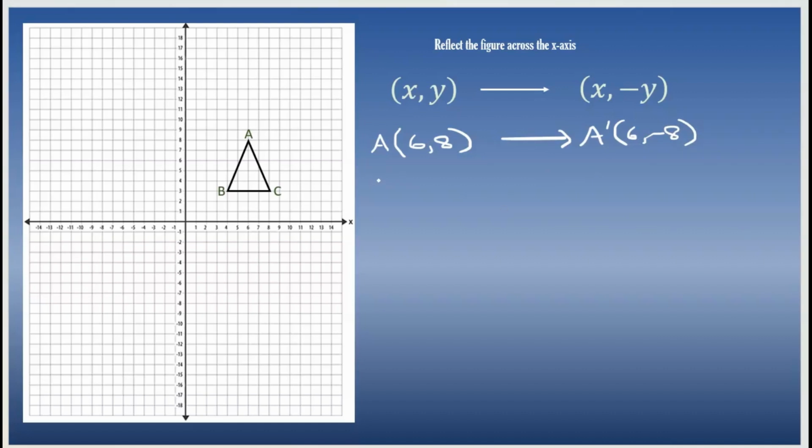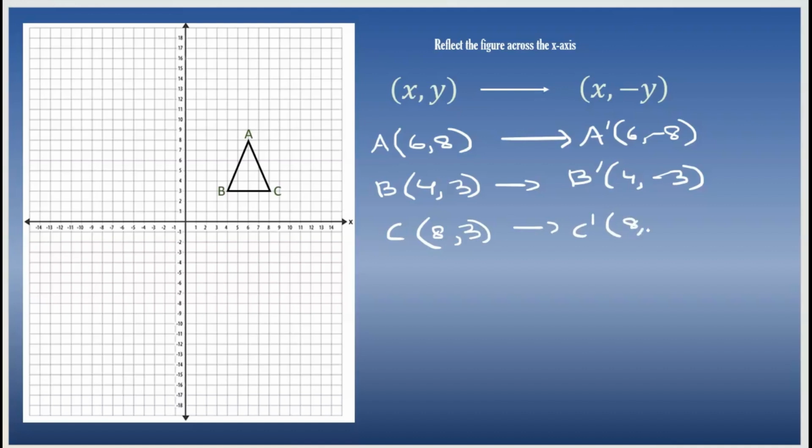Now moving on to point B. Point B is 4, 3, and then that becomes B prime 4, negative 3. And then last point, C, is 8, 3, which then becomes C prime point 8, negative 3. So those are our points.